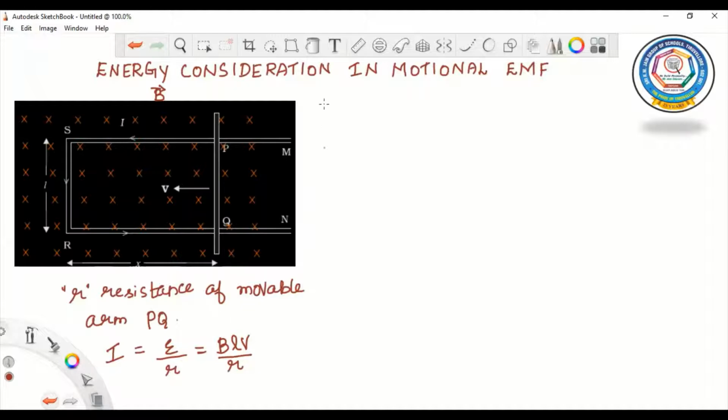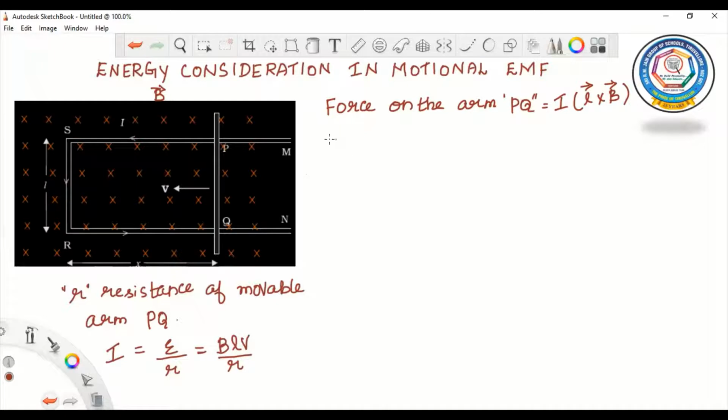The force on the arm PQ is equal to I L vector cross B vector. And this force is directed outwards in the direction opposite to the velocity of the rod.